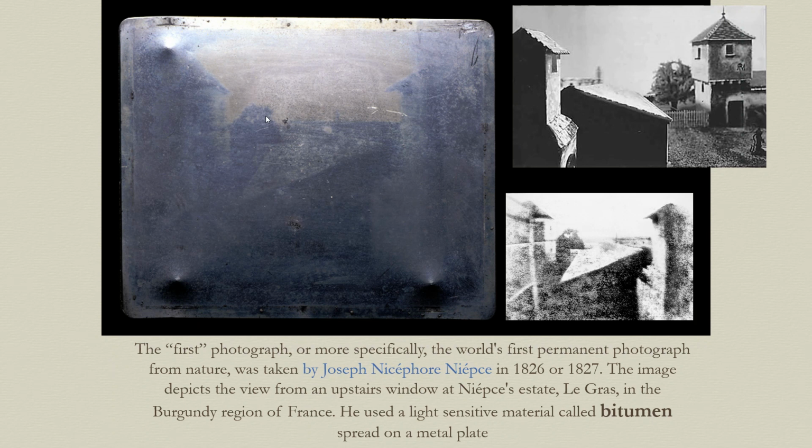For this one, he had to leave it there for 8 hours exposed to the light. This makes it pretty blurry because things change over 8 hours, right? Clouds go by, the sun changes, and that makes the image kind of blurry.